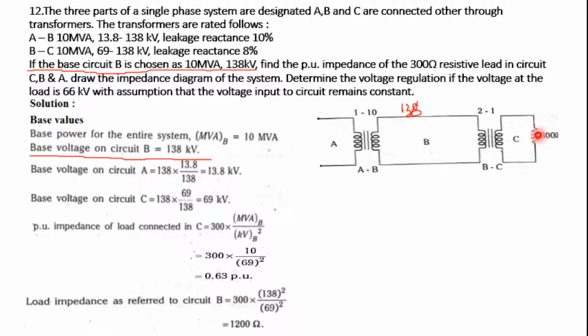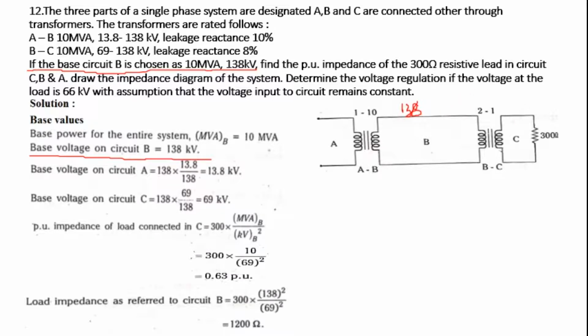I have to calculate from C to the B circuit what is the value of the impedance across the B circuit. This is in terms of ohms, so I have to calculate this in ohms across the secondary circuit, the B circuit, because it depends upon the voltage ratio.